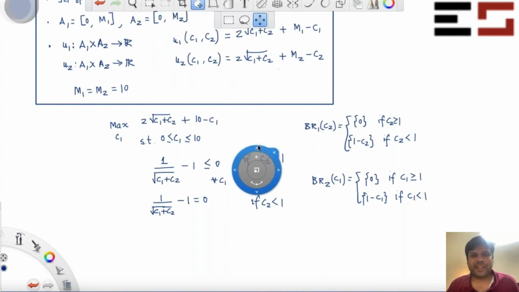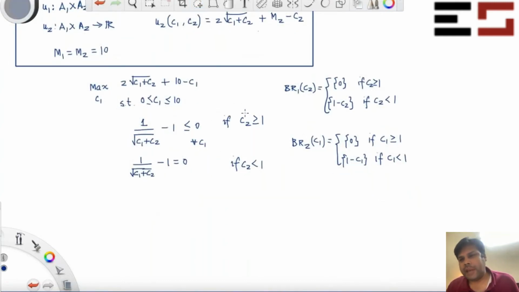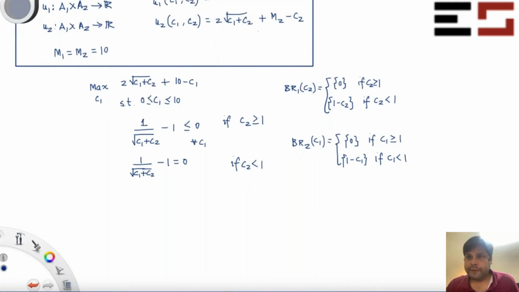So what is the next step? We are going to plot the graphs of BR1 and BR2 and figure out the Nash equilibrium.